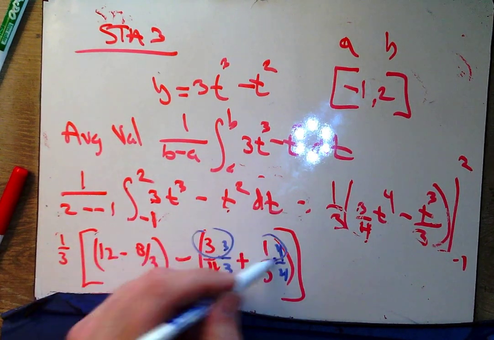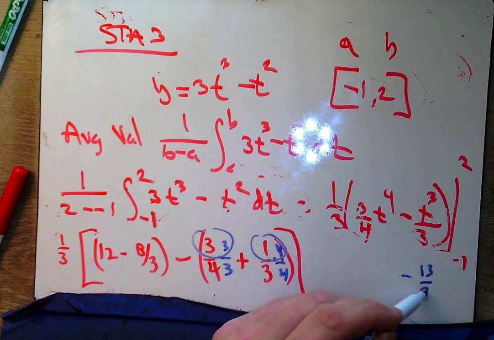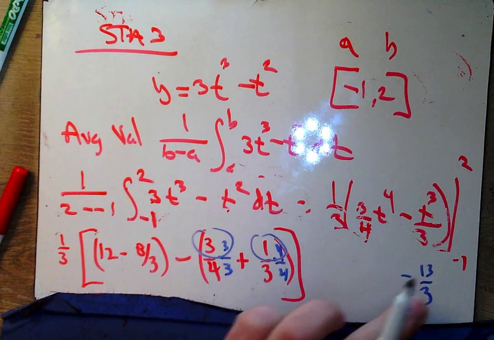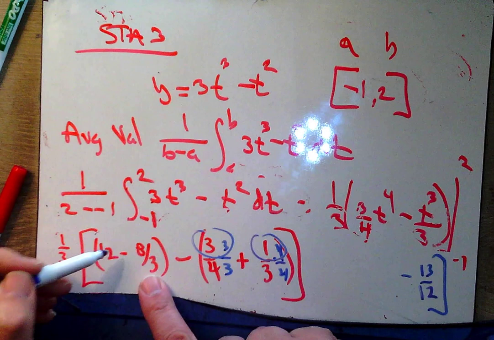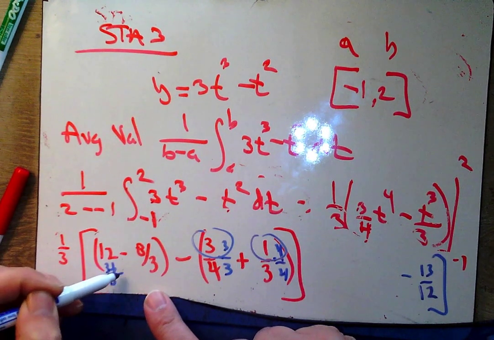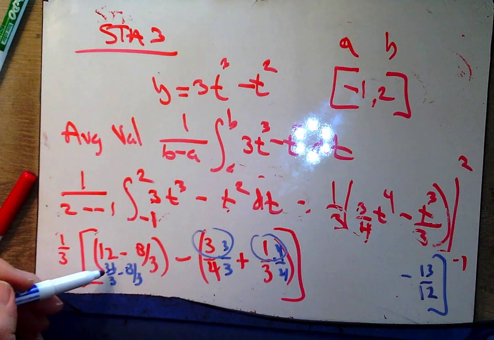That's 9. That's 4. 9 and 4 is 13. So that's minus 13/12. That was the last mistake. And then over here, we have 36 thirds minus 8 thirds is going to be 28 thirds.